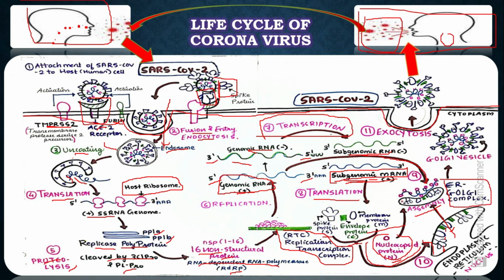Now, as you can see here, all the parts of coronavirus are present: the genomic RNA, nucleocapsid protein, spike protein, envelope protein, membrane protein. So what will happen is assembly, all these parts will assemble themselves in the perfect positions, in round shape, and through Golgi vesicle, with the process of exocytosis, the virus will go out of the host cell.